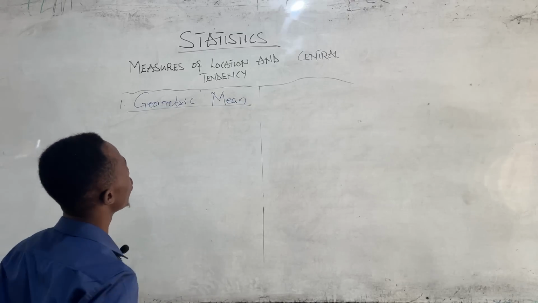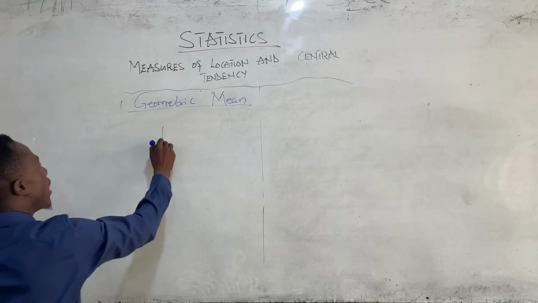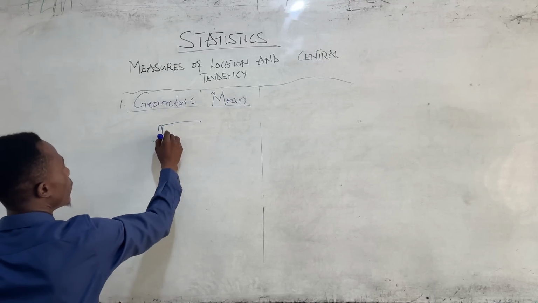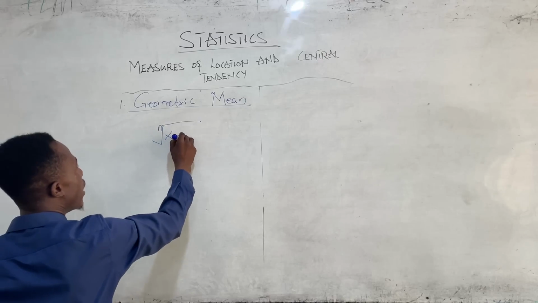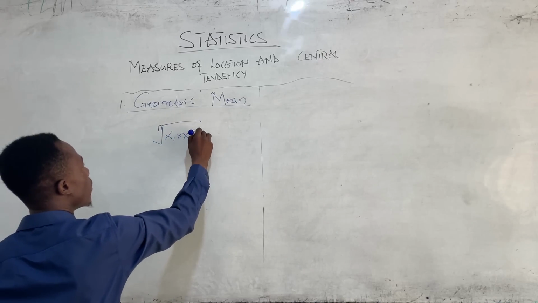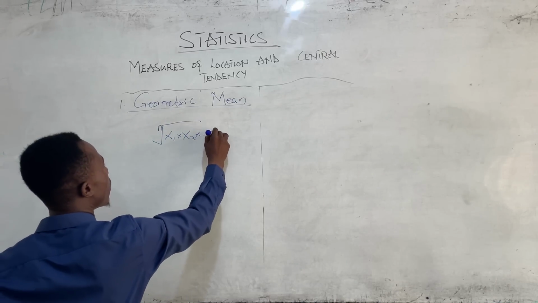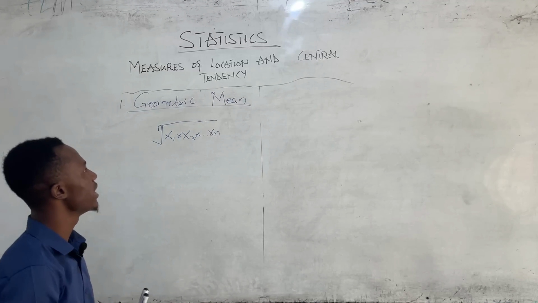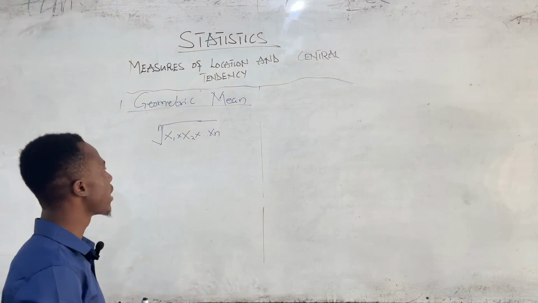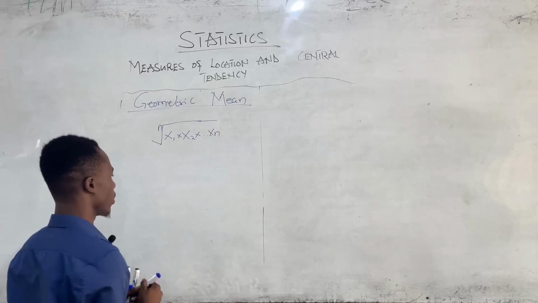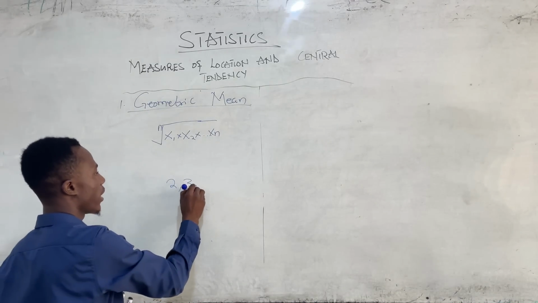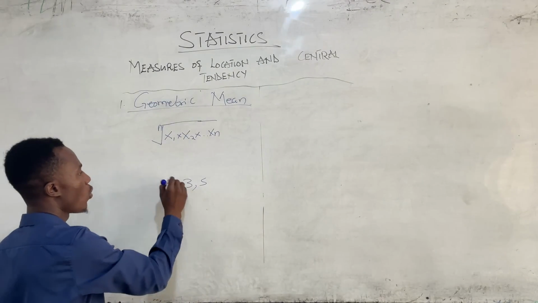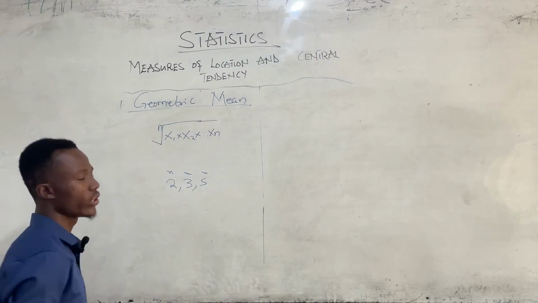When we are dealing with the geometric mean, we have the nth root of the product of any observations you have, x1 up to xn. This means any data given, if you have the x values 2, 3, 5, they are all x. Do you get it?